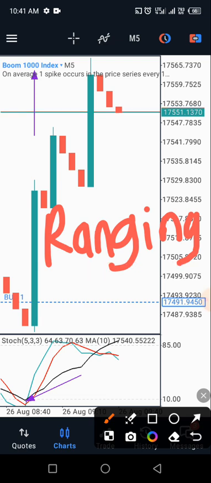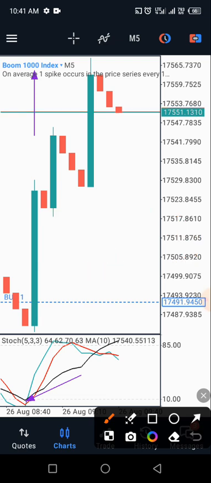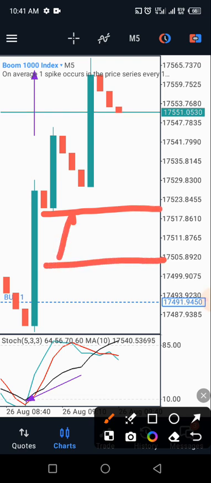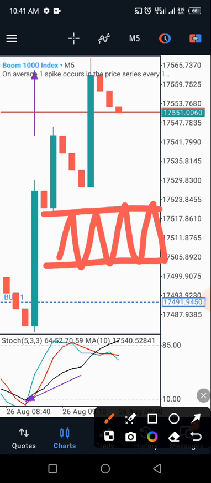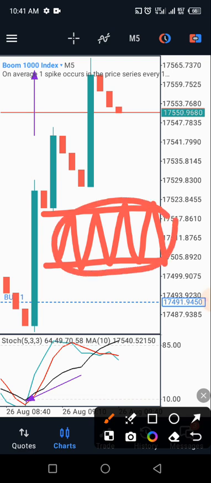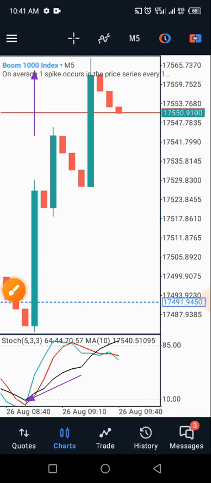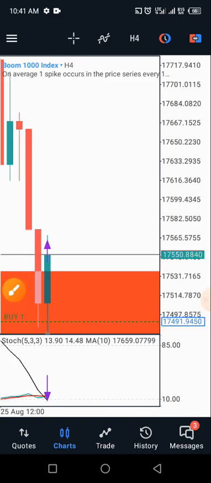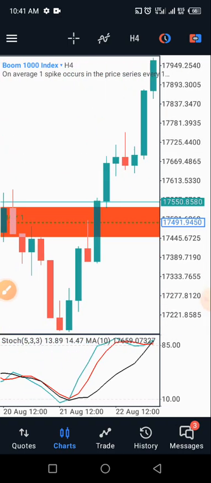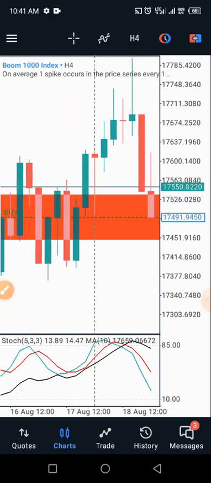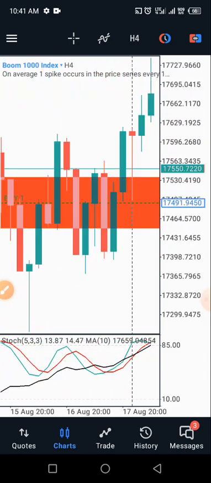When we talk about a ranging market, it's a market that moves in between support and resistance level. If you are able to identify this market, then you'll be able to make use of this spike detector. If we go to the 4 hour time frame now, what we'll notice is that we are able to identify our ranging market.